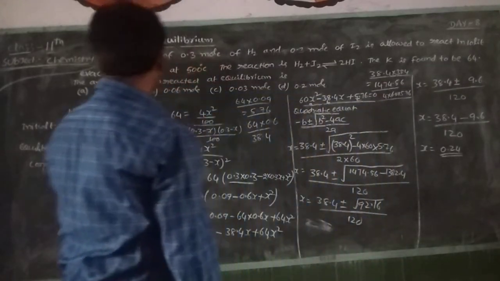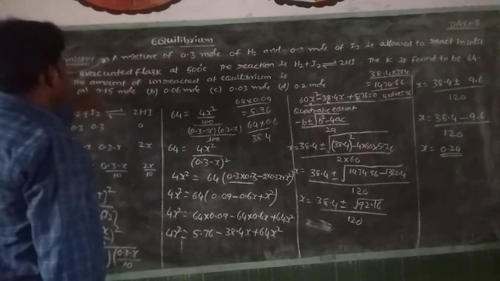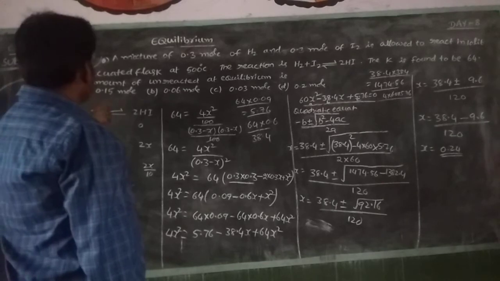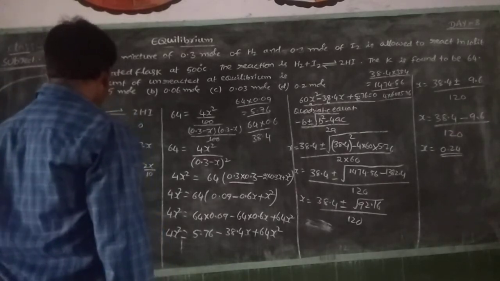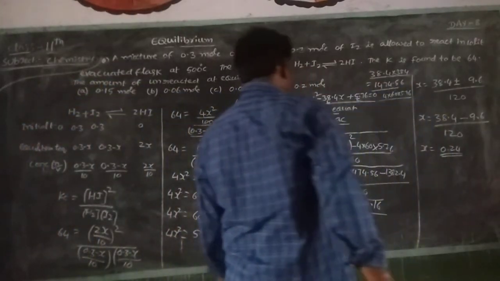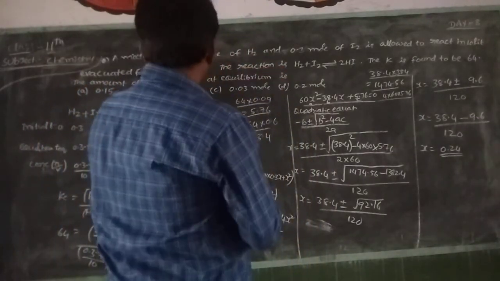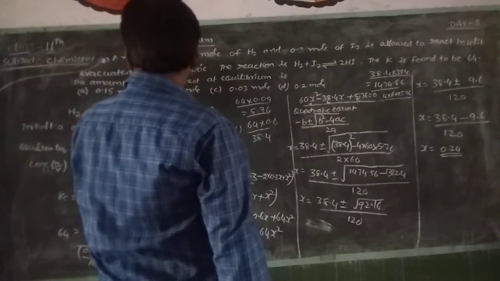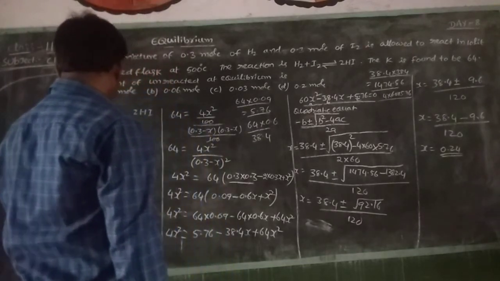X is equal to 0.24. The amount of unreacted H2 and iodine I2 at equilibrium. X is equal to 0.24. The amount of unreacted I2 at equilibrium you have to calculate.